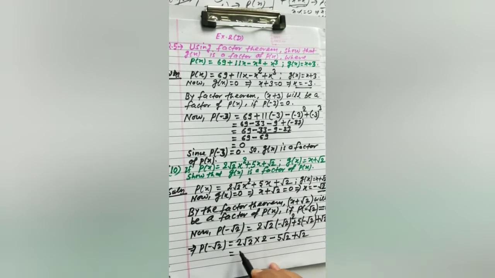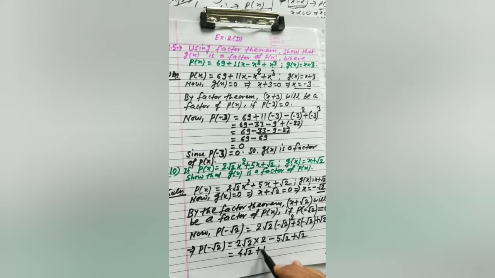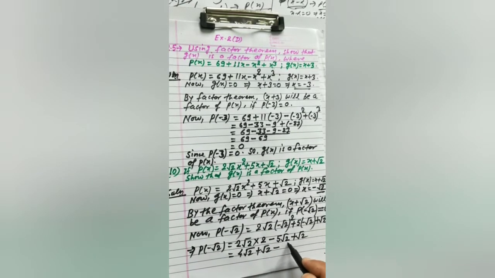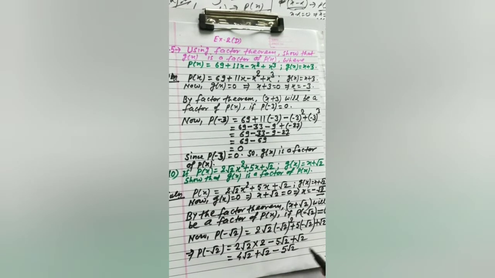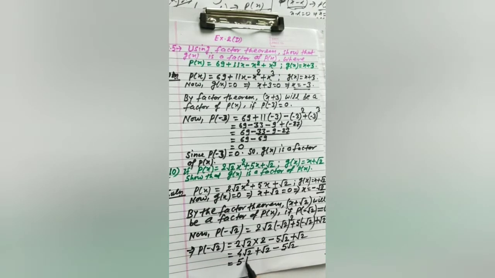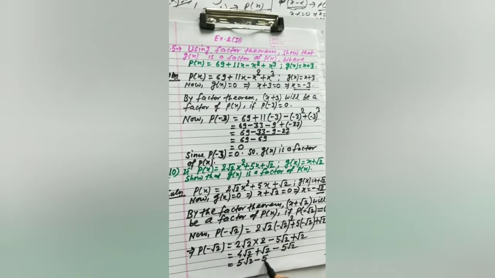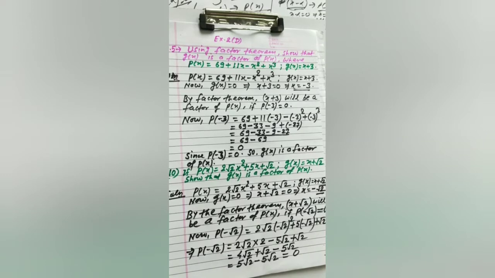So it will be 4√2, and plus √2 is there, so write it first, and −5√2 let us write it aside. So 4√2 + √2 will be 5√2 − 5√2, and hence 5√2 − 5√2 will be equal to 0.